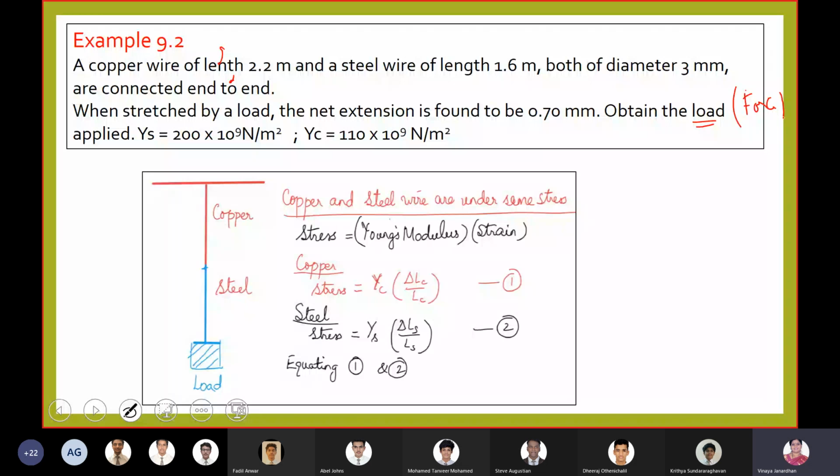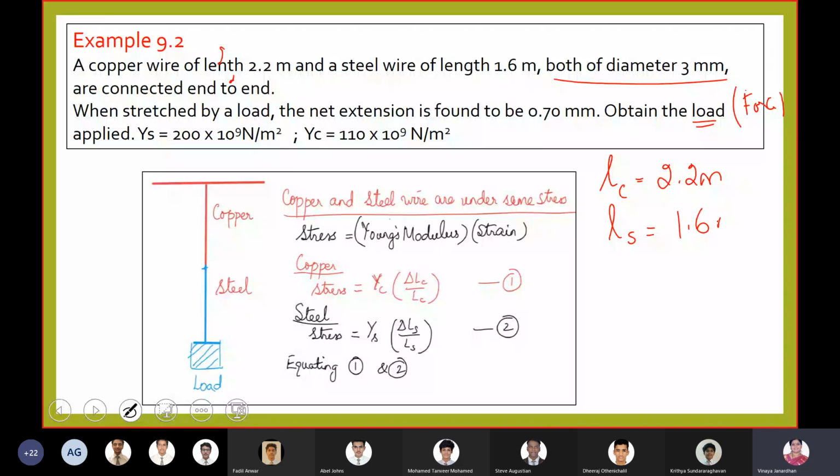Now this is the diagram. You have a copper wire with a length, so I can write the length of the copper wire LC as 2.2 meters. Both the wires are attached together and have the same diameter. The length of the steel wire, I'll write as LS, 1.6 meters. Now they are stretched by a load, in that sense a force.